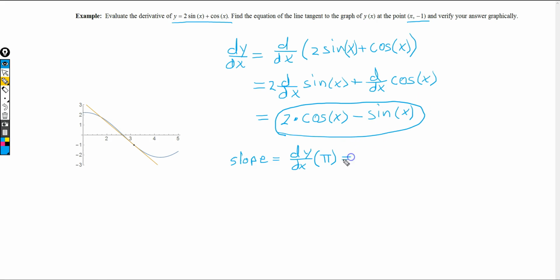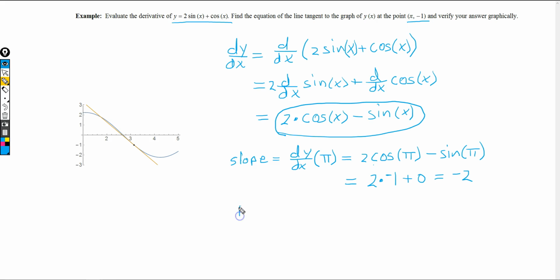And that is going to be 2 cosine of pi minus the sine of pi. Now you have to remember, cosine of pi is negative 1, and the sine of pi is 0. And so that's negative 2. So there is the slope of our tangent line.